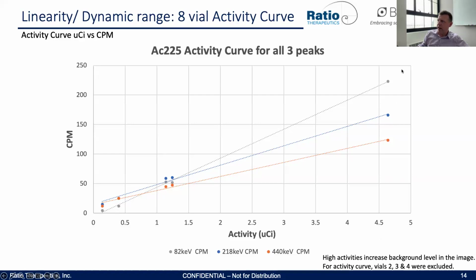On the gray dotted curve, which is that 82 keV peak, we see a nice linear relationship, which we could use to set a calibration factor for the imaging. There are lower slopes on these curves for the 218 keV peak and then the 440 keV peak, but we could use each of these curves to at least get a calibration factor to start with for the analysis.